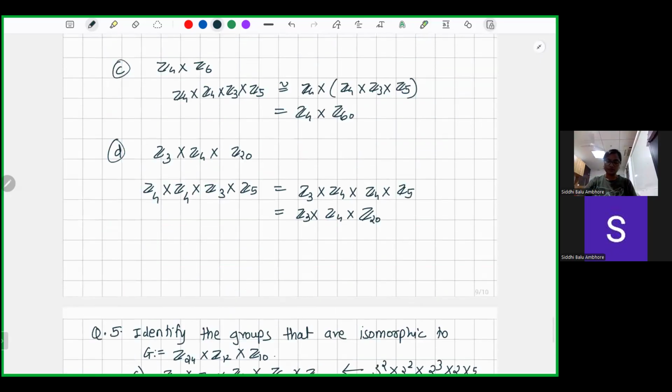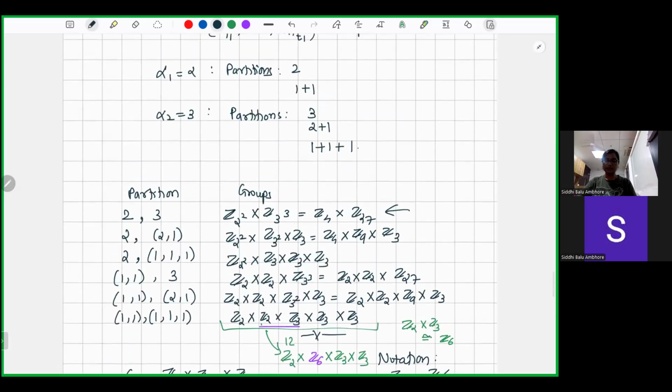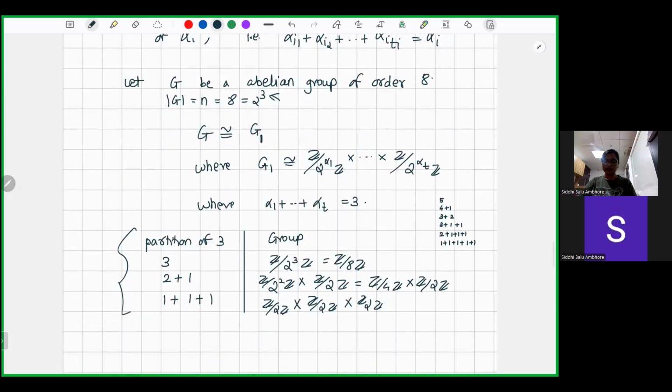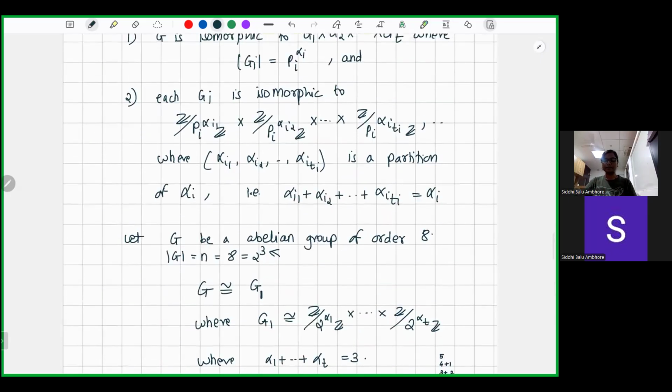That's not actually true. See here, the thing that plays a role here is the exponent of the group G. That's what plays a role here.